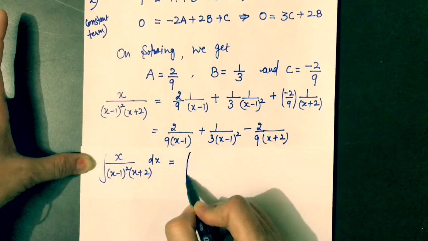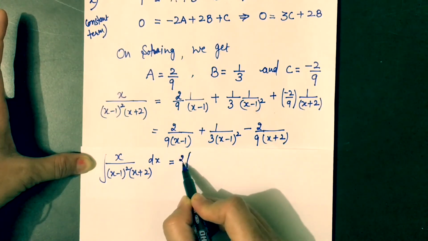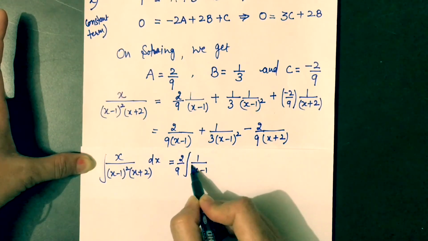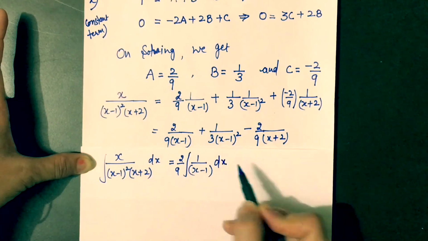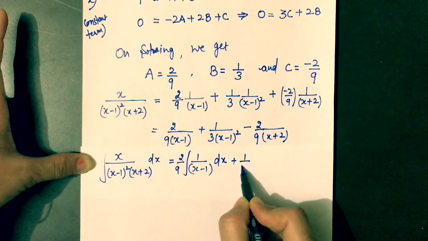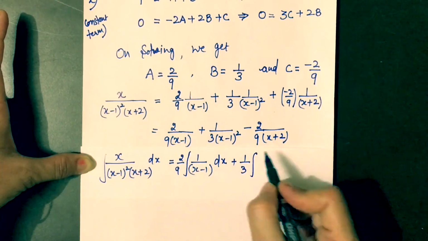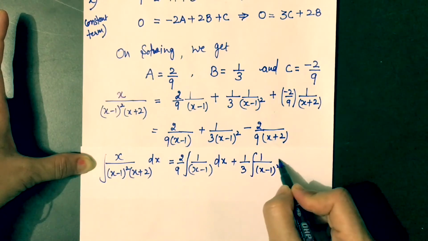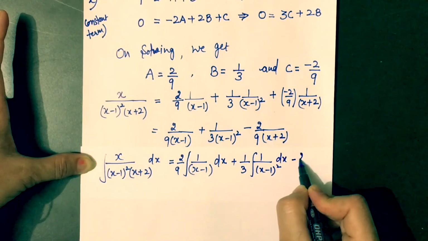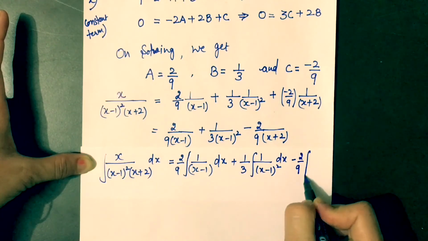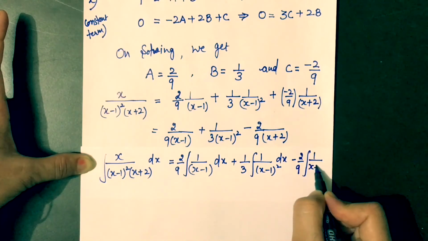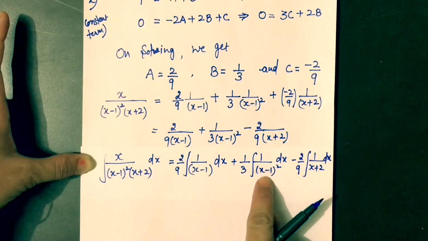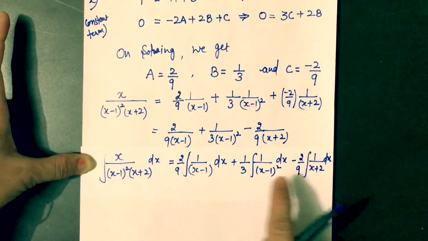Therefore right hand side also convert into integral. 2 by 9 being constant, take out 1 upon x minus 1 into dx. 1 by 3 again take it out, 1 upon x minus 1 whole square dx minus 2 by 9 1 upon x plus 2. Now one integral is converted into three separate integrals.